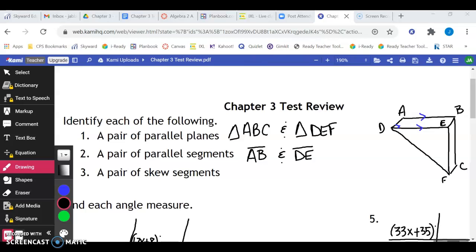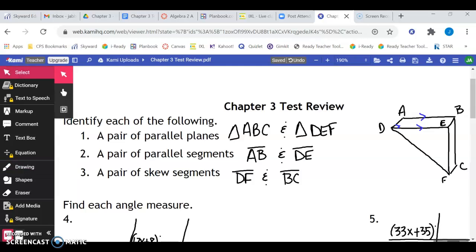And skew segments are not coplanar and are not parallel. So if we picked, let's say, segment DF, it's on the front triangle, I could say that would be a skew segment with maybe segment BC. Definitely not parallel and definitely not on the same side.